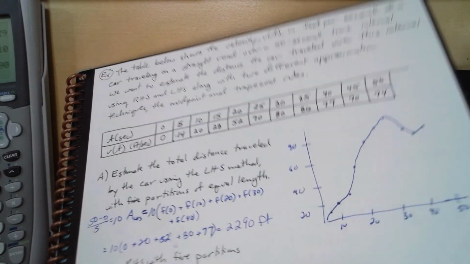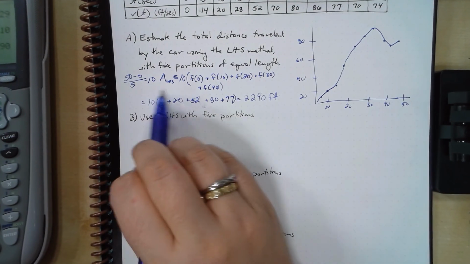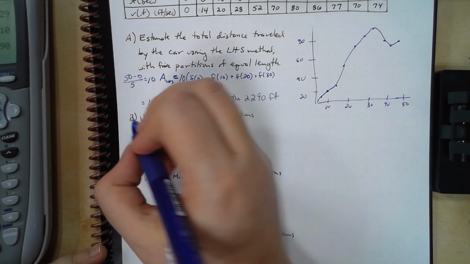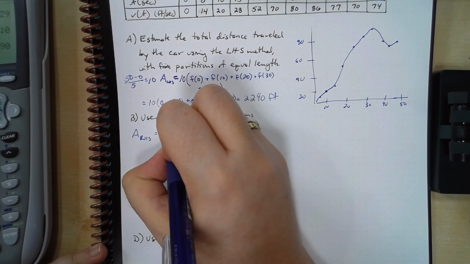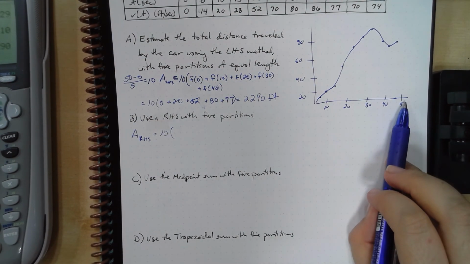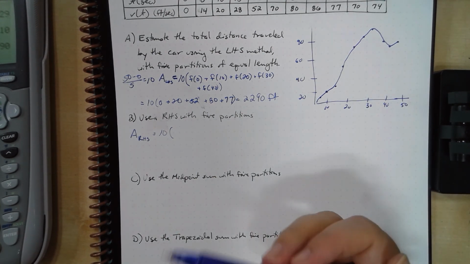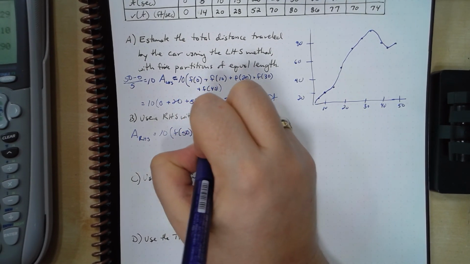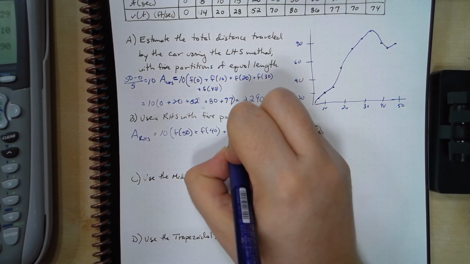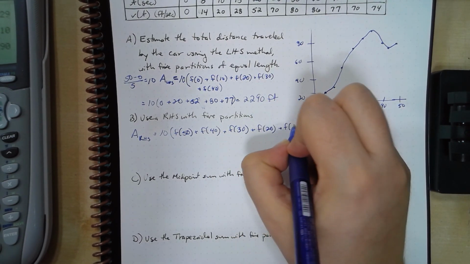So now let's estimate the same information using right-hand sums. So for our right-hand sum, we're going to have the exact same delta x over n. So our area with the right-hand sum is going to be equal to 10 times, and this time I'm going to start from the right and go back. Just like I mentioned earlier, I think it's easier to think of it that way. So we're going to have f of 50 plus f of 40 plus f of 30 plus f of 20 plus f of 10.